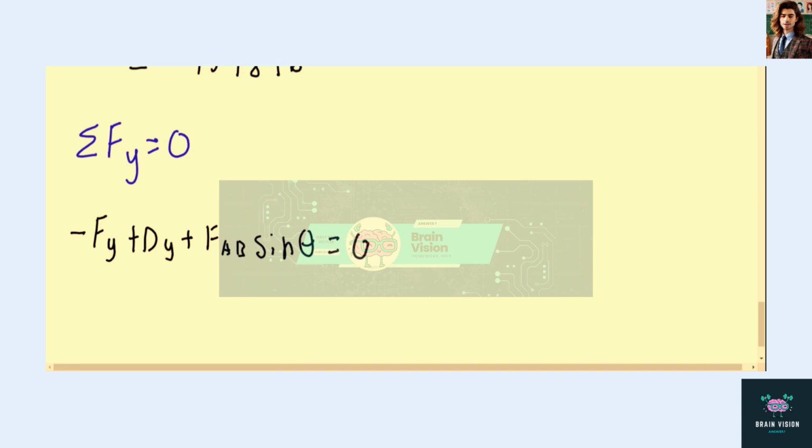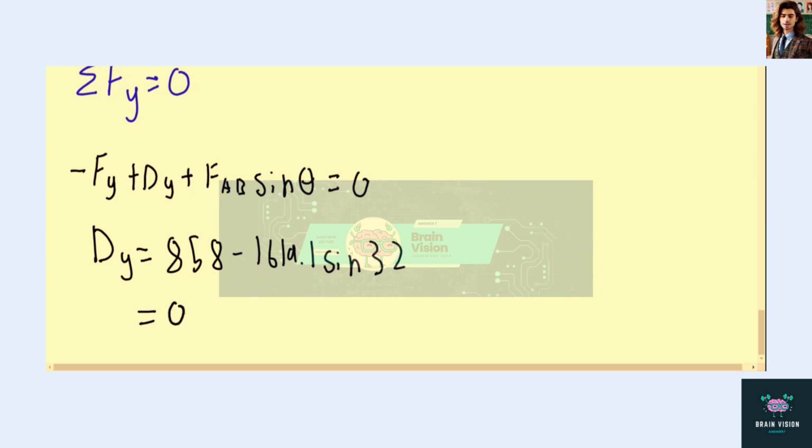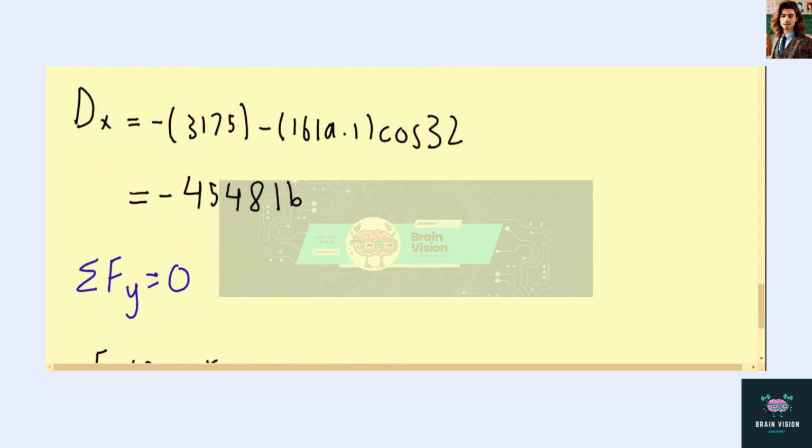Solving for D of y and plugging in the known terms, D of y is equal to 858 minus 19.1 times the sine of 32, and this will give us a value of 0. Since there's no y component in the force at the point D, we can conclude that the force at the point D is just the x component.